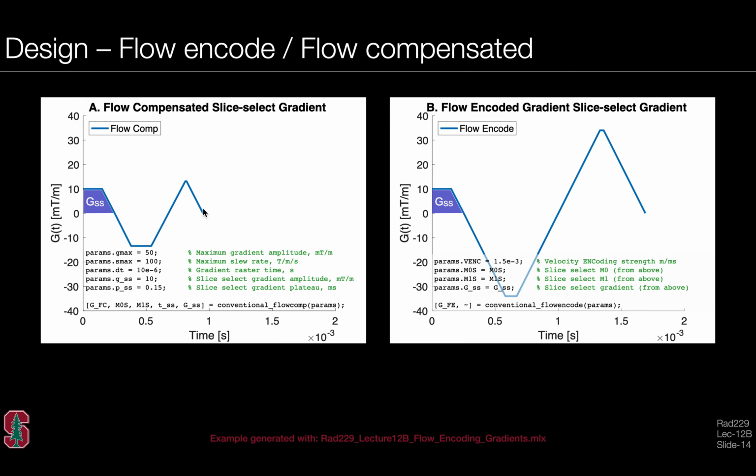using the algebraic expressions. Now, if we want to, rather than flow compensate, flow encode a similar gradient, we see the slice select gradient is shown here, but now we want the Venc to be 150 centimeters per second.